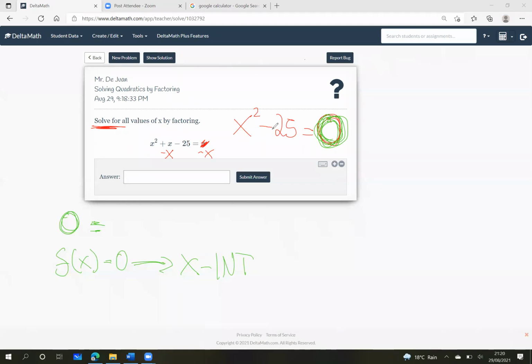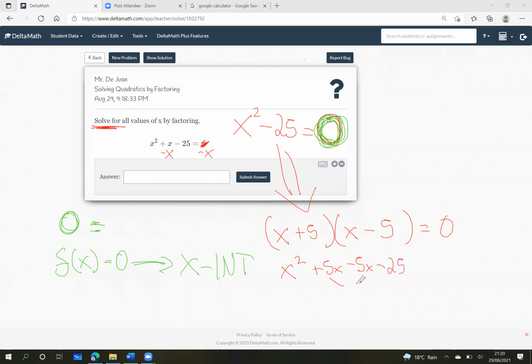Now that we have x squared minus 25, simplifying this, it's going to be one of those difference of squares: x plus 5, x minus 5. Let's test it out. x squared is going to give us x squared plus 5x minus 5x minus 25. Plus 5x minus 5x, 0x. x squared minus 25.